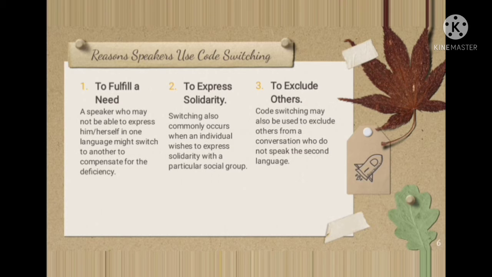As a result, the speaker may be triggered into speaking in the other language for a while. This type of code switching tends to occur when the speaker is upset, tired, or distracted in some manner, or when they are less fluent in one language.